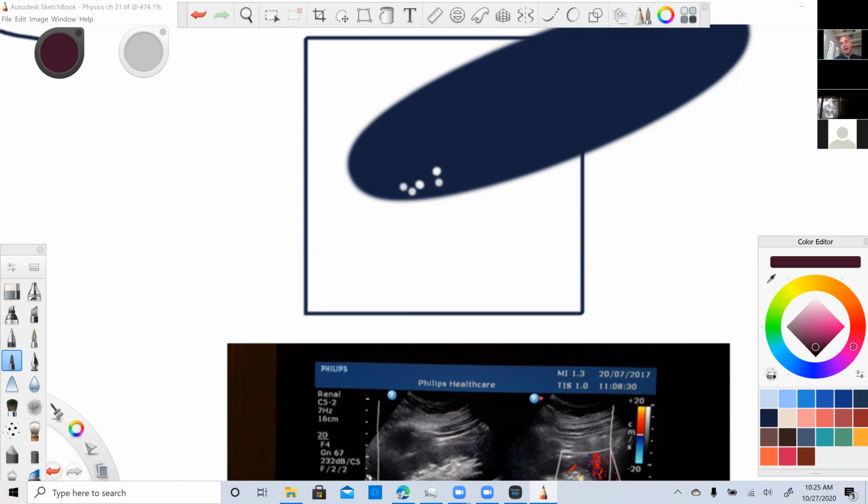So anyways, you put color on for Twinkle artifact, and what you end up seeing, and let me use blue in here as well because it's a mosaic.